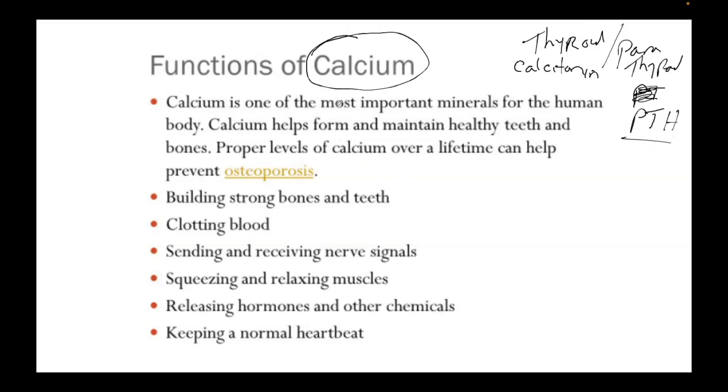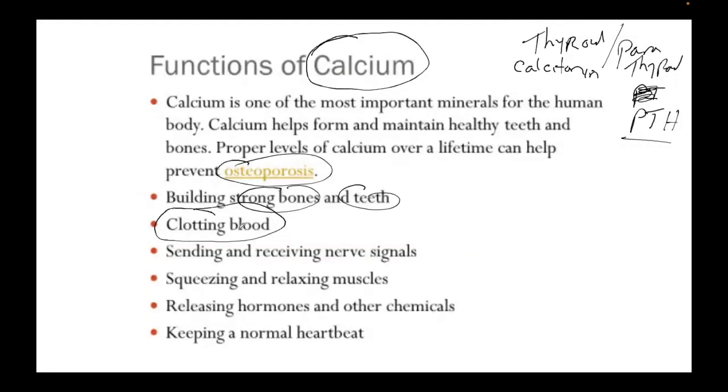Now, when we think of calcium, we think of bone density. When you don't have enough, you can get bone weakness or osteoporosis. We think of strong bones, strong teeth. When I think of calcium, I think of the ability of clotting.